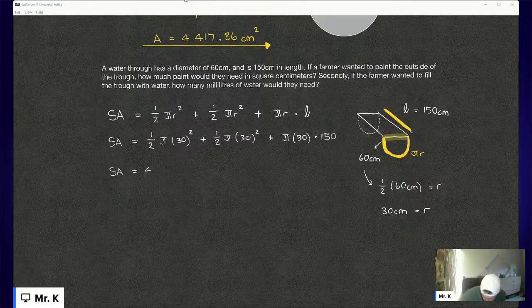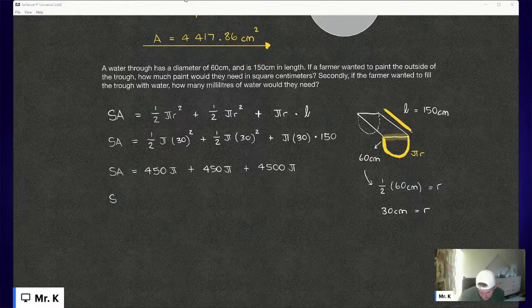So when we put these into our calculator, we get 450 pi plus 450 pi plus 4,500 pi. Again, once all of these are added together, we get 5,400 pi.